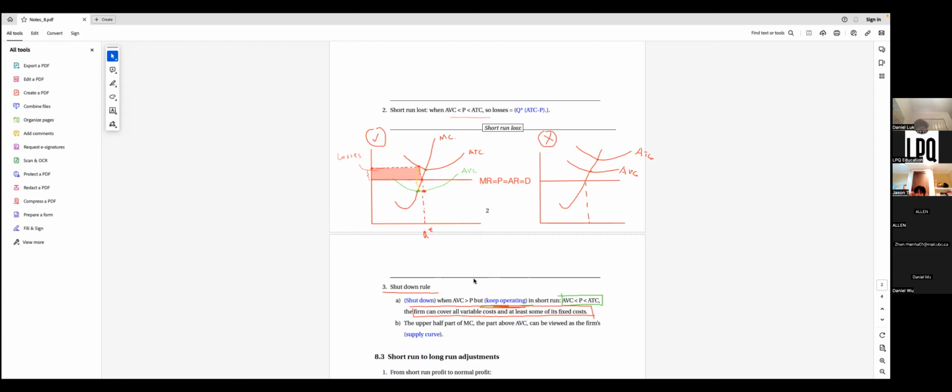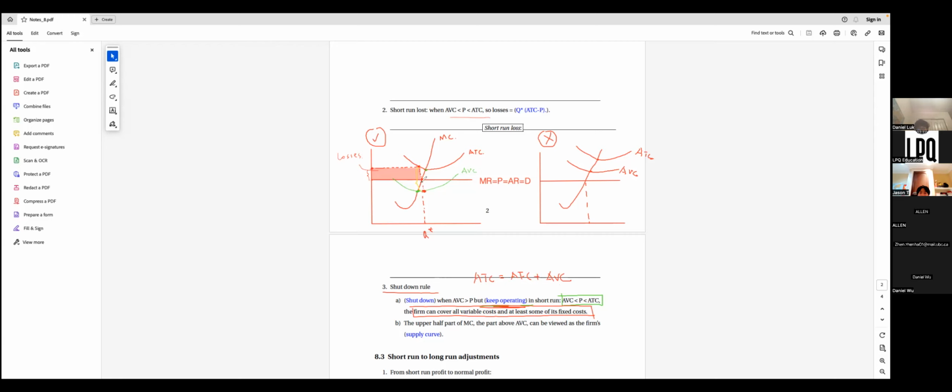In notes number 6, we learned the formula: ATC equals AFC plus AVC. So totally you add these two together, it's called ATC. Okay, so your ATC is here, AVC is here.